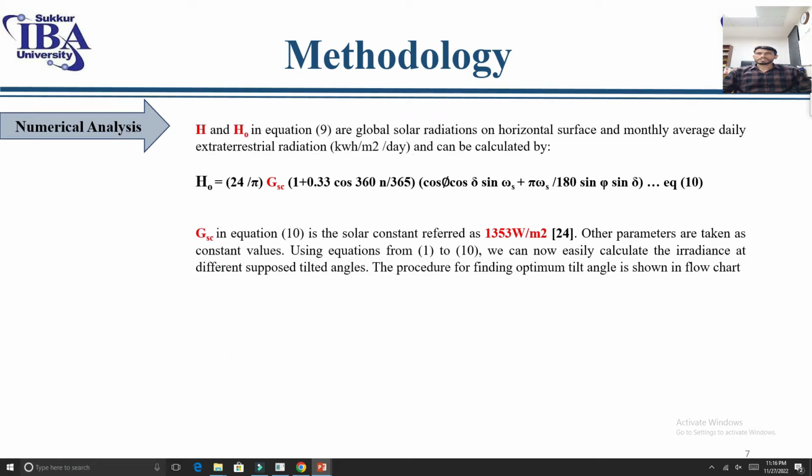H and H naught in equation 9 are the global solar radiation on a horizontal surface and the monthly average daily extraterrestrial radiation in kilowatt hour per meter square per day, which can be calculated with equation 10. In equation 10, GSC is the solar constant, whose value is 1353 watt per meter square.